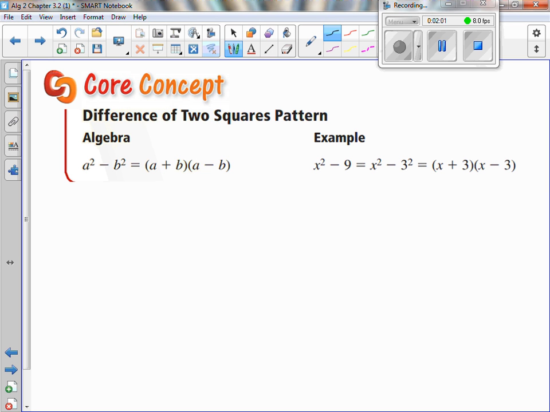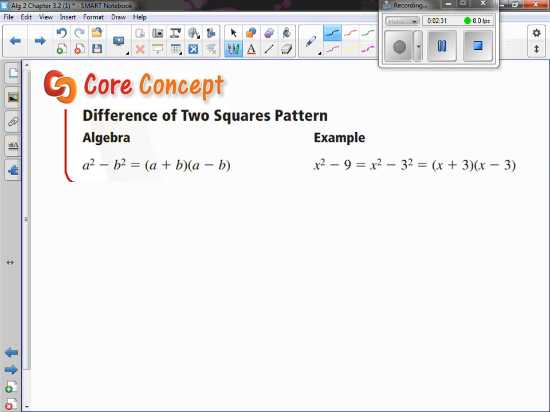Now, the difference of perfect squares is different. It actually works faster with the trick. What we're saying is that the first term, whatever it is, numbers and variables, is a perfect square, something that is multiplied by itself. B is the same thing. If I have two terms being subtracted that are perfect squares, then I can rewrite it as a plus b times a minus b.